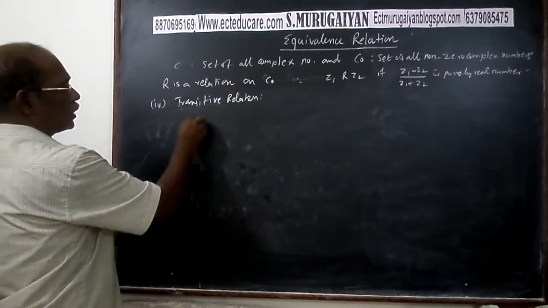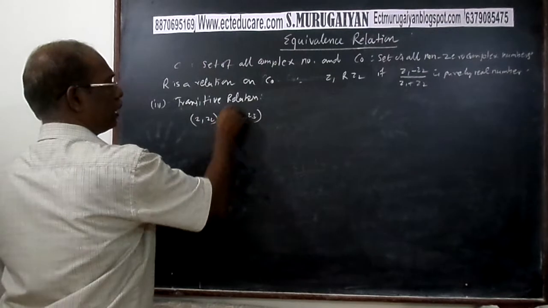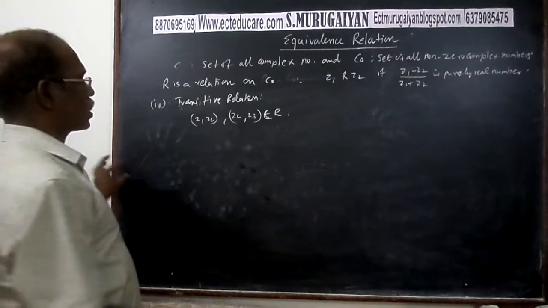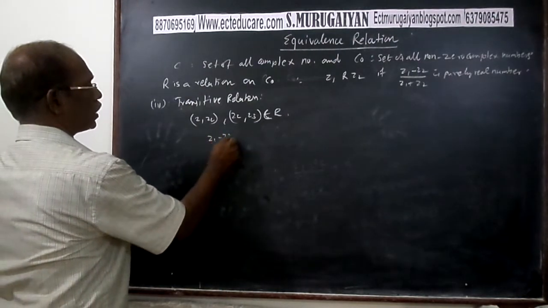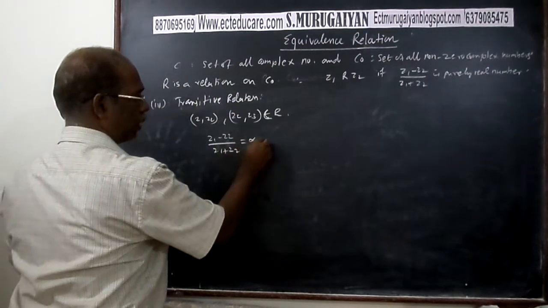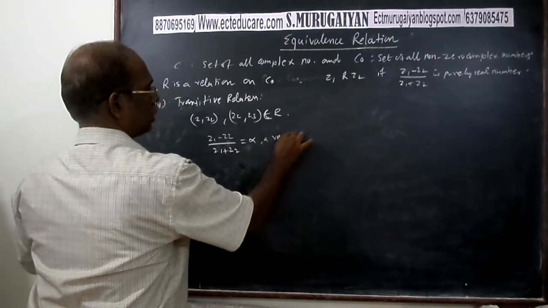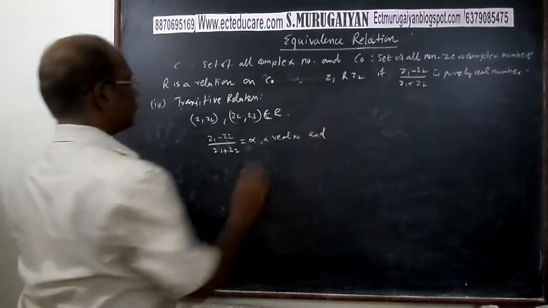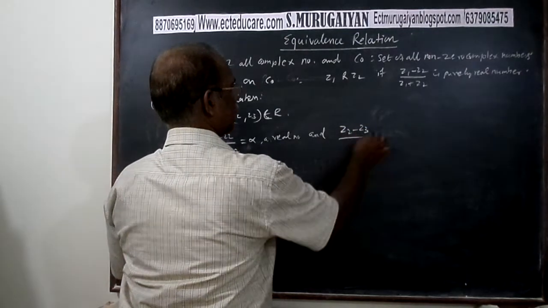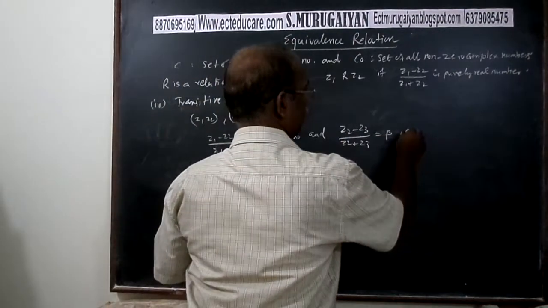We have two members, (Z1, Z2) belongs to R and (Z2, Z3) belongs to R. So (Z1, Z2) belongs to R means (Z1 minus Z2) by (Z1 plus Z2) is a real number, let it be alpha. And (Z2, Z3) belongs to R means (Z2 minus Z3) divided by (Z2 plus Z3) is another real number, beta.